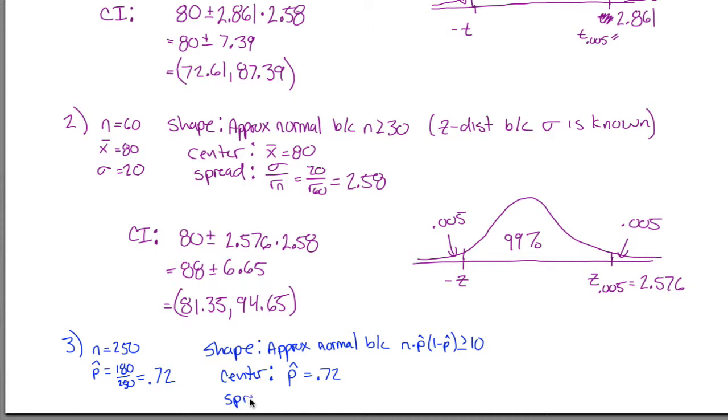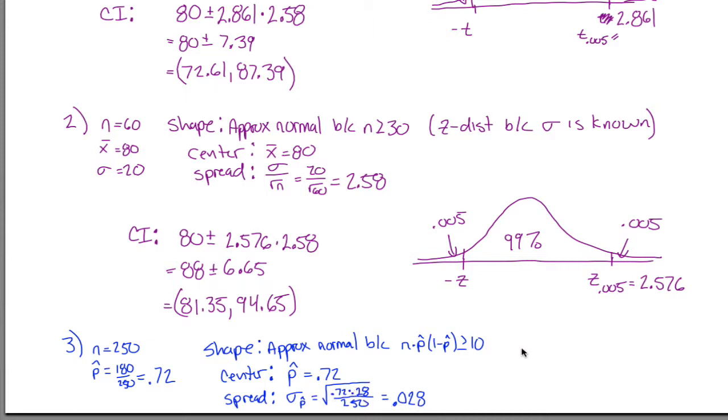And my spread, what I need is sigma sub p hat, which is the square root of p hat, 0.72, times 1 minus p hat, which is 0.28, divided by 250. And so my spread is 0.028 if you plug all this into a calculator.